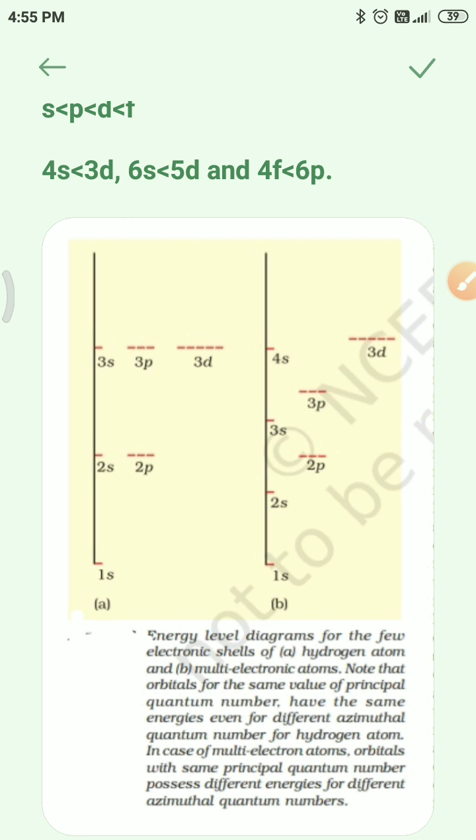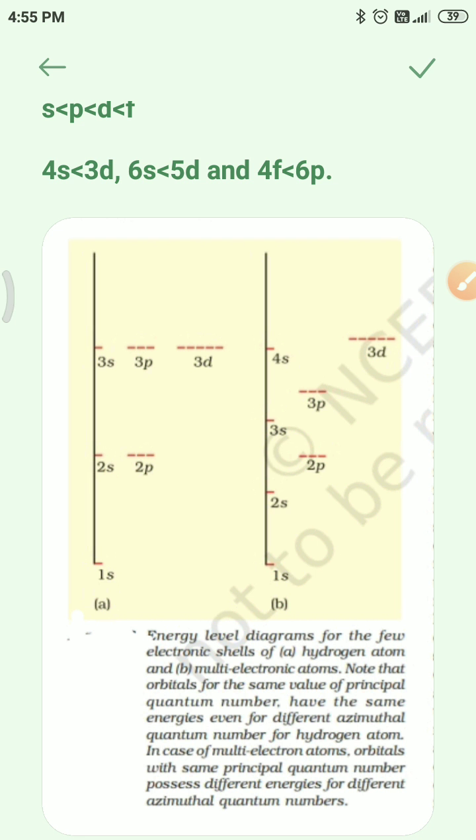Mathematically, the dependence of the energies of the orbitals on n and l is quite complicated, but one simple rule is that the lower the value of n plus l for an orbital, the lower its energy is.